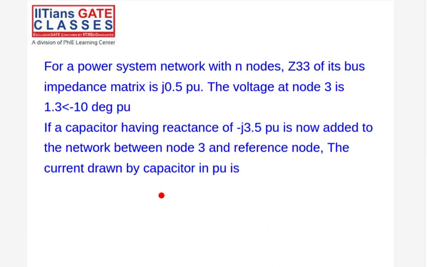So here they have just given one value of Z33 and now they are saying that they are adding one new element, right? And they are asking you to calculate the current drawn by that element.